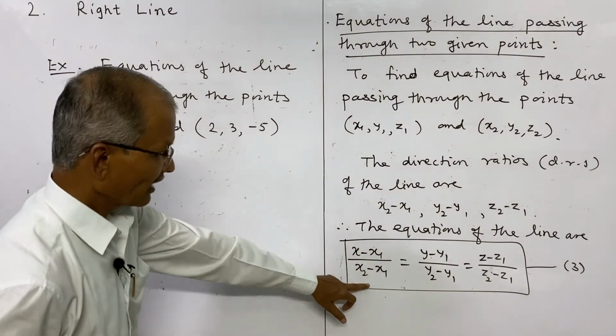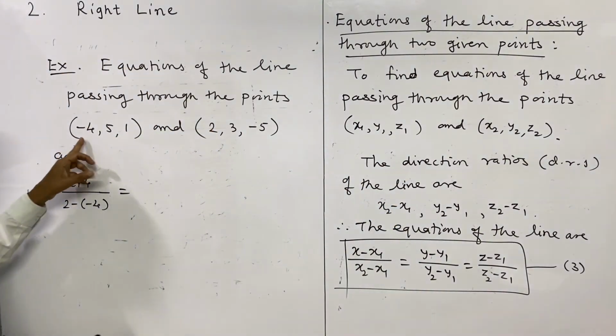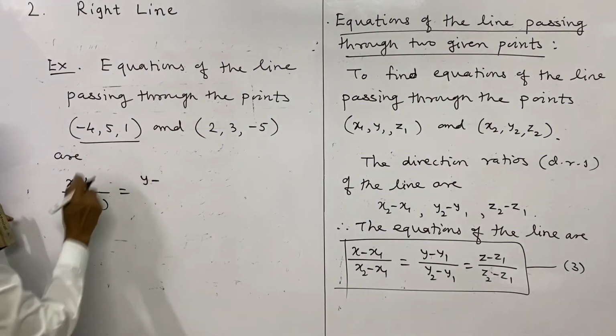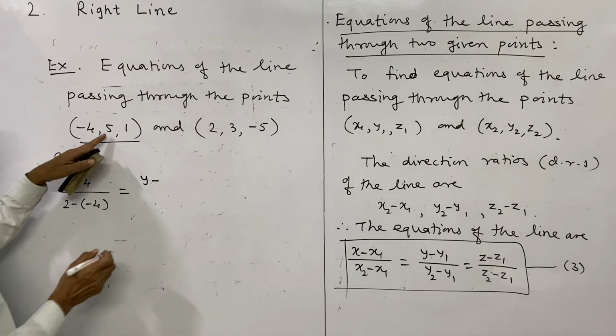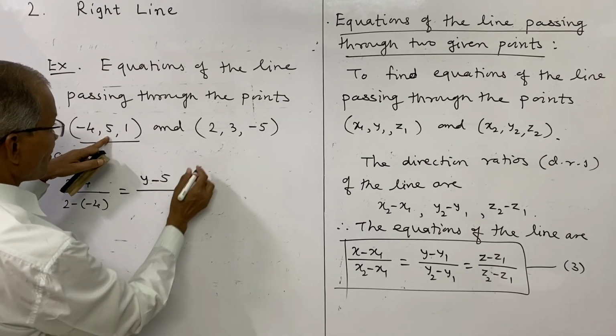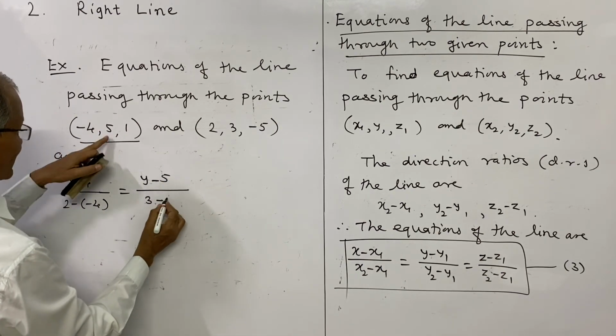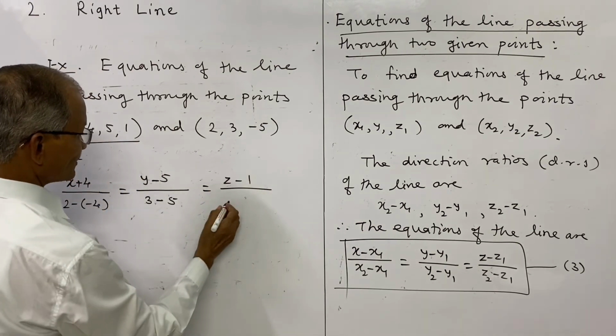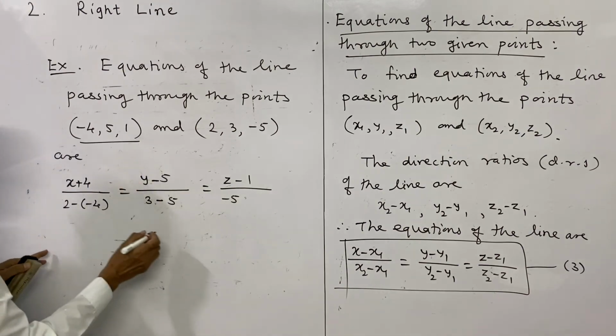See this, this is x2, this is x1, and next is y minus y1. We are considering this as x1, y1, z1. So y minus 5 divided by y2, that is 3 minus 5, and is equal to z minus 1 divided by z2 is minus 5 and z1 is 1.